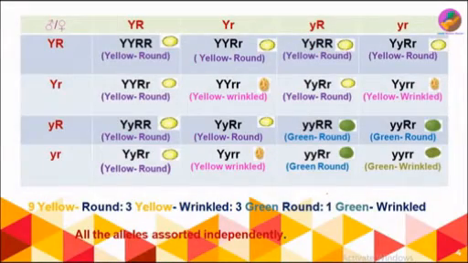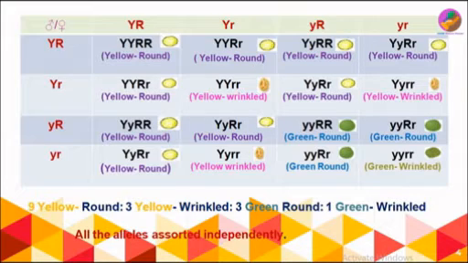Now when we allow selfing of these gametes, or selfing of the F1 offspring, what will happen? In the F2 generation, they will form 16 different offspring, and all the 16 offspring show 4 types of variations, 4 types of characters, or 4 types of phenotypes.